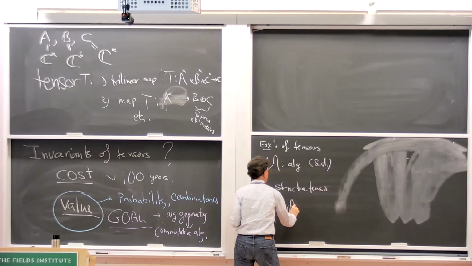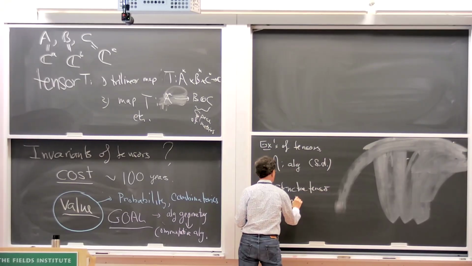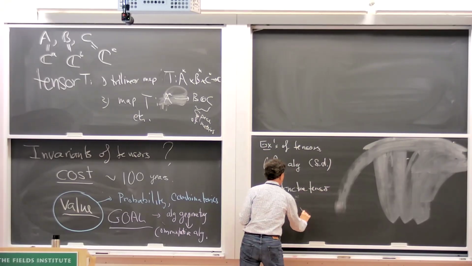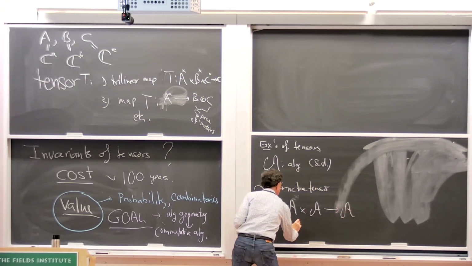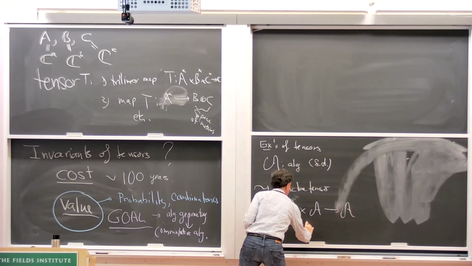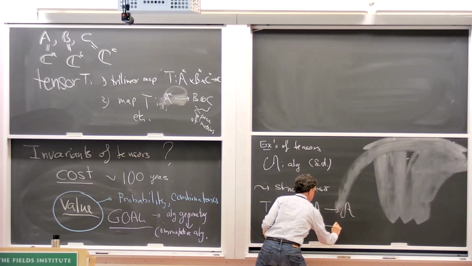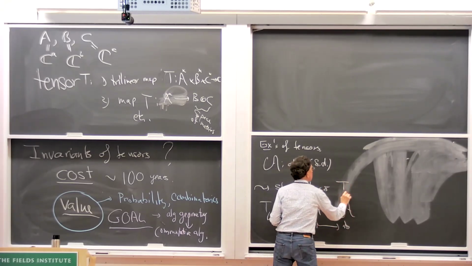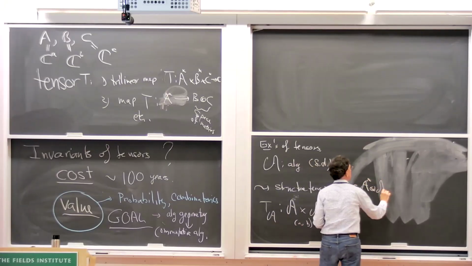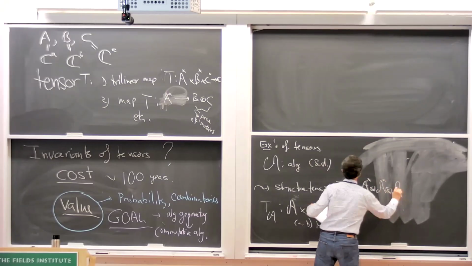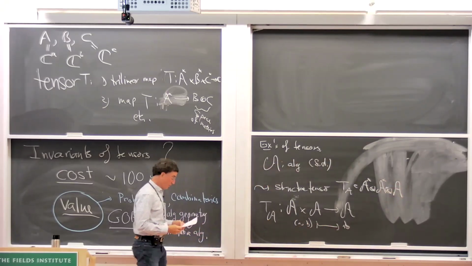This is a map from A cross A to A. It eats an element of the algebra, eats a second element of the algebra, and spits out their product. So this structure tensor lives inside the dual of A, tensor the dual of A, tensor A, based on the conventions of the previous board.